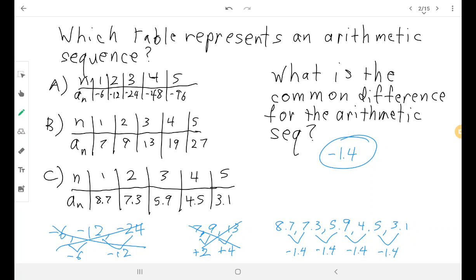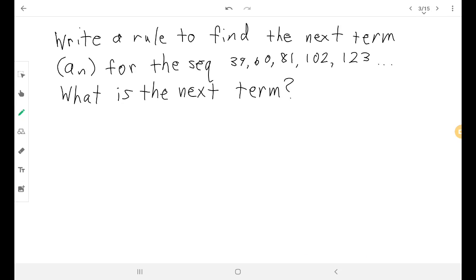Let's go on to the next question. All right, so this one says, write a rule to find the next term, the nth term, the a sub n, for this sequence, which is arithmetic. And then it asks, what's the next term?